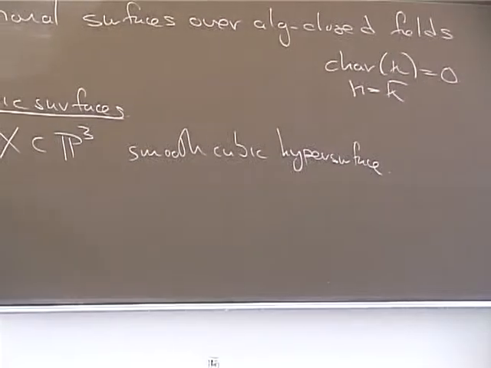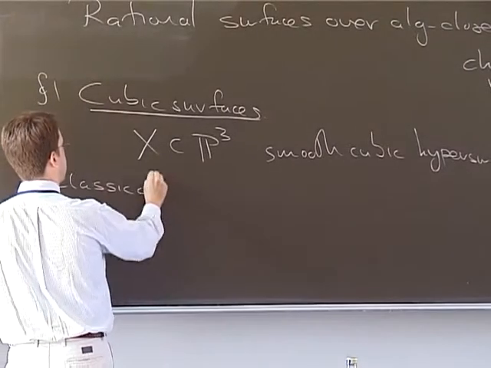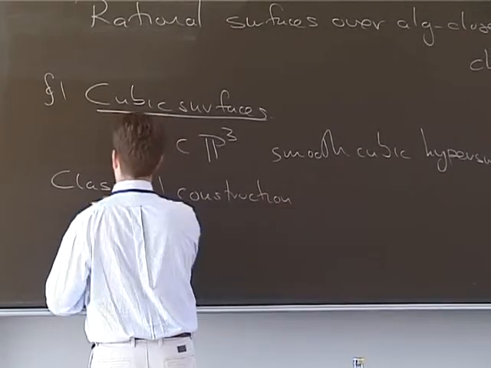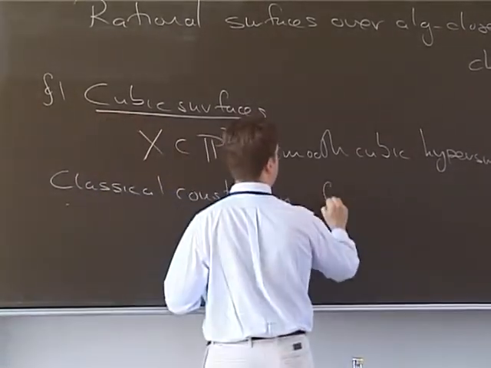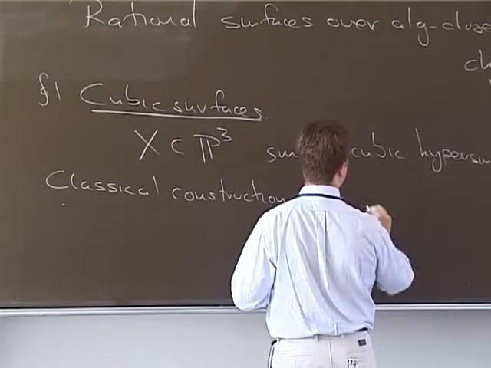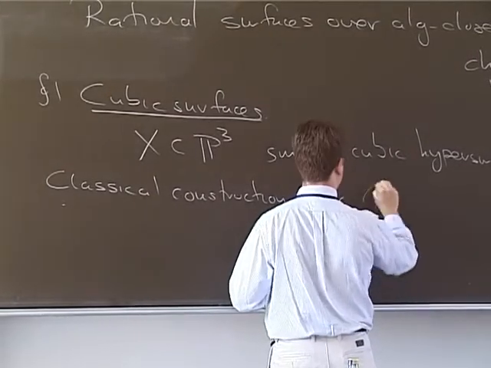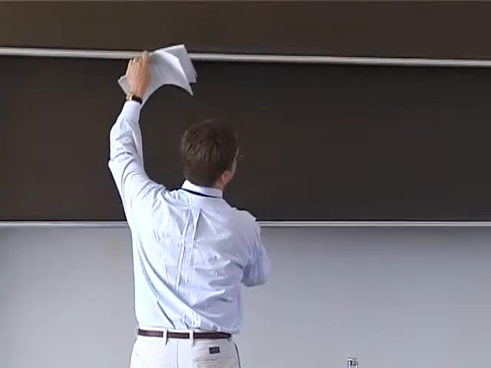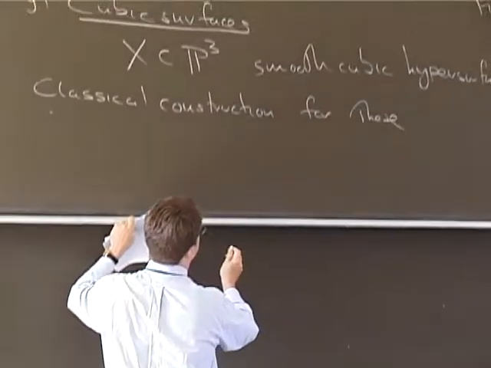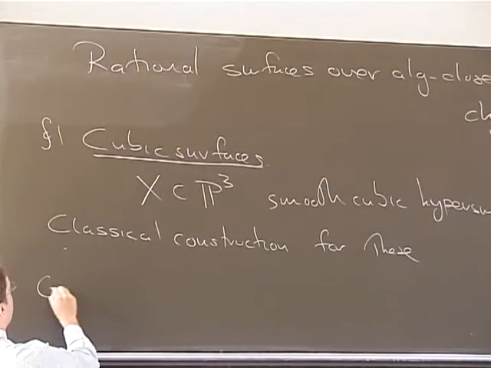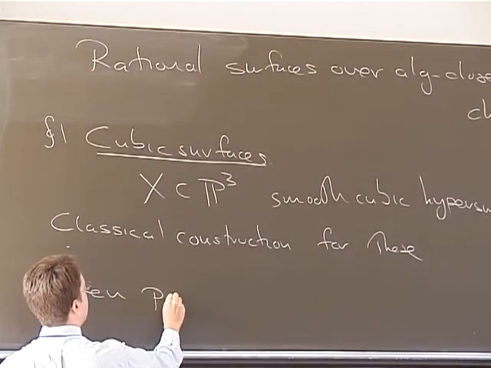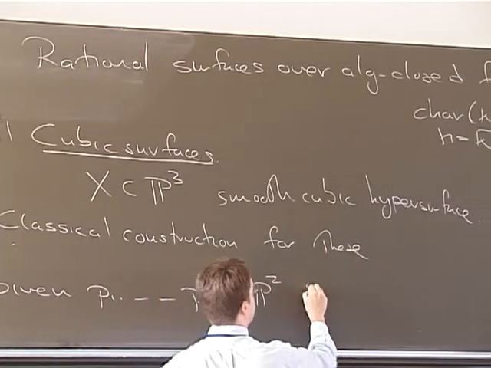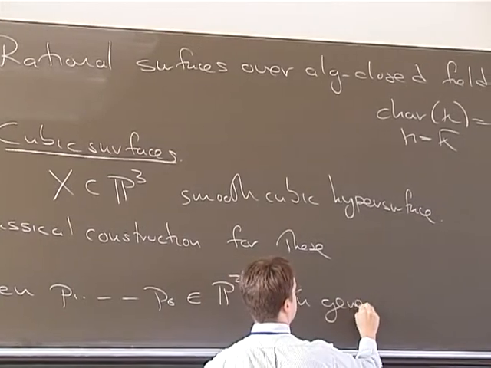So here's a classical construction for some special cubic surfaces. So let me start out. Let's say we're given points P1 through P6 in the plane in general position.